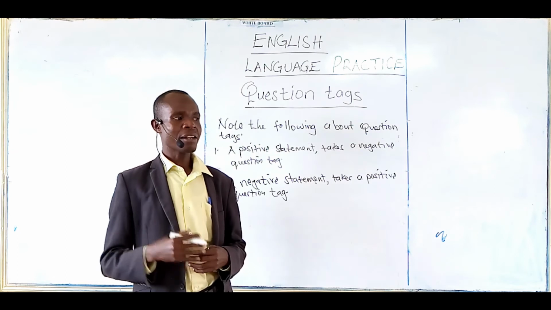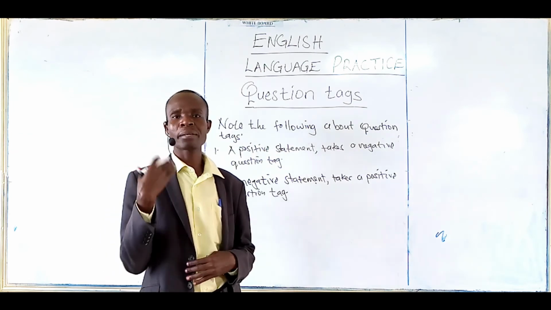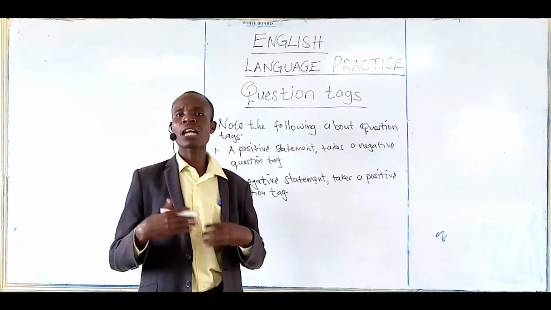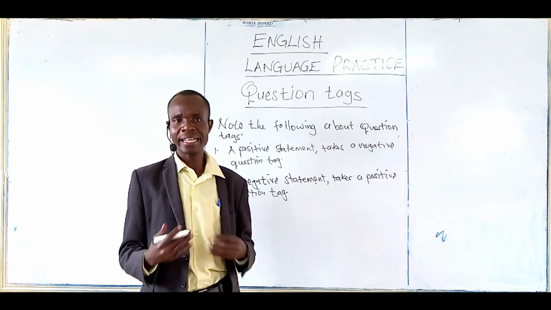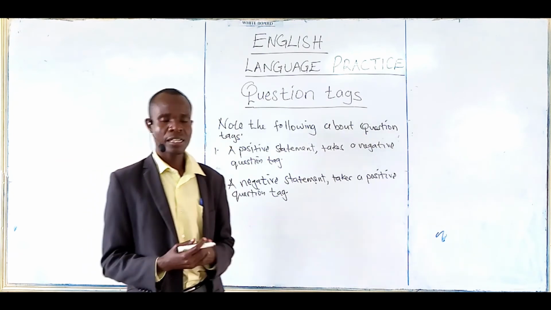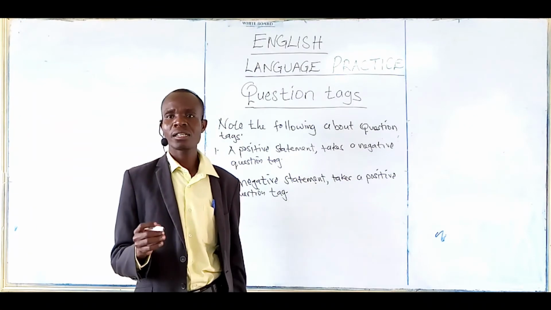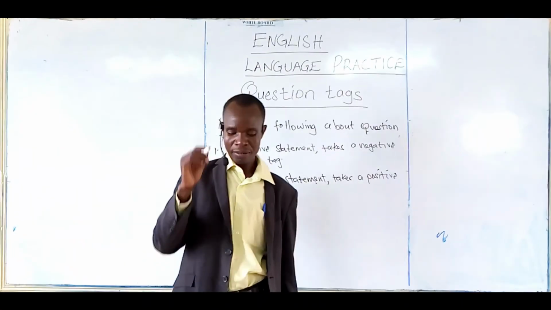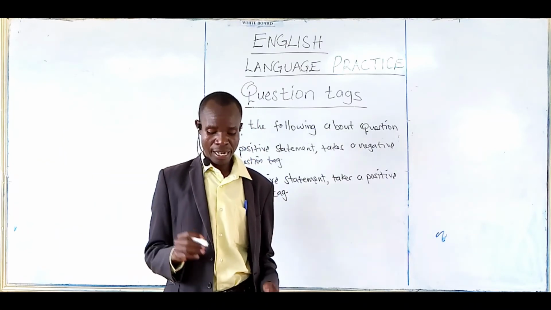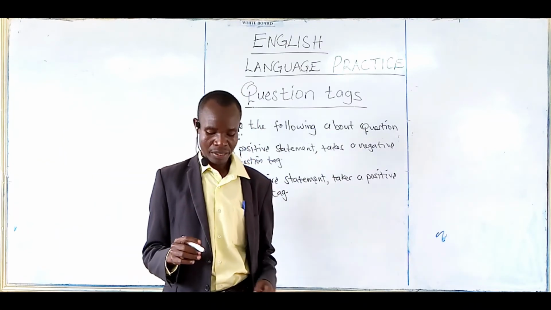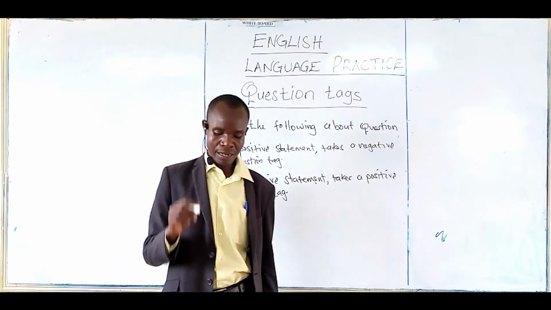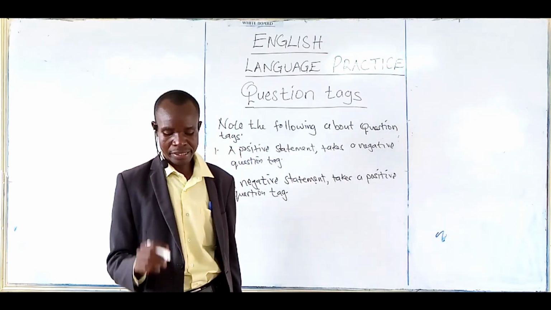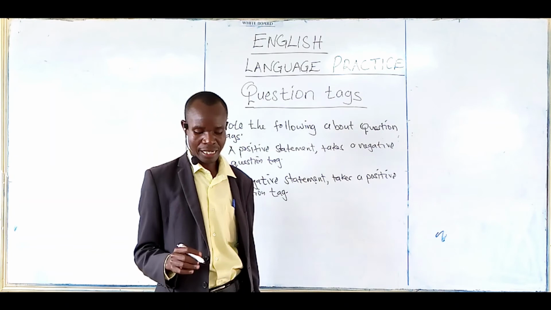Modal verbs are verbs that are commonly used. Examples, we have could, can, will. This will help us to understand them very well. So, if there is a modal verb in a statement, it is also used in a question tag.